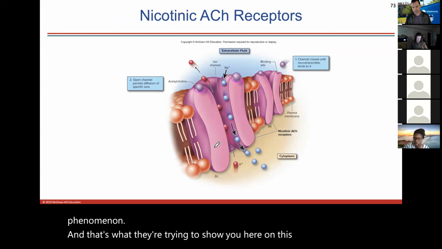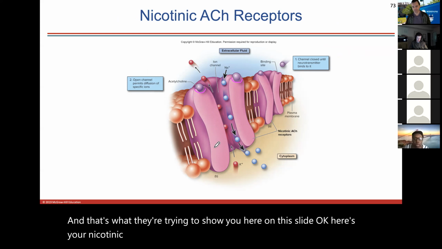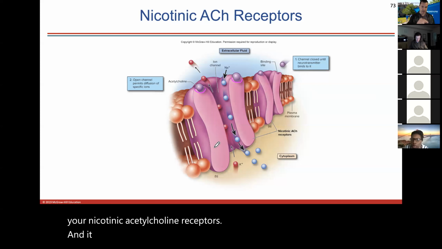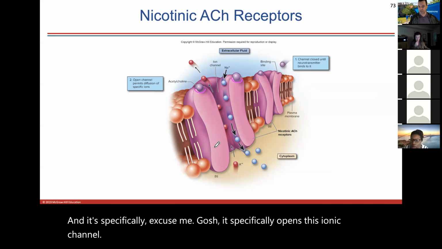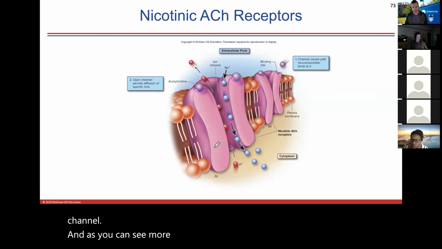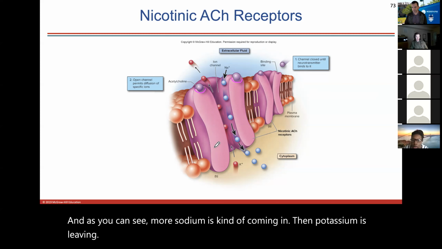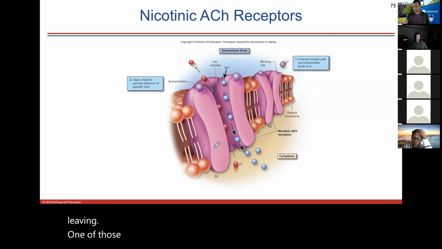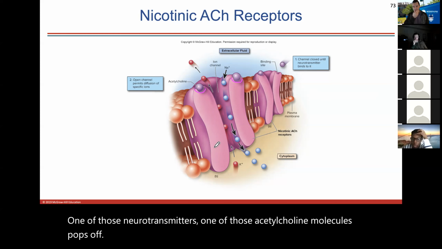Here are your nicotinic acetylcholine receptors. And it specifically opens this ionic channel. And as you can see, more sodium is coming in than potassium is leaving. One of those acetylcholine molecules pops off and the thing shuts.